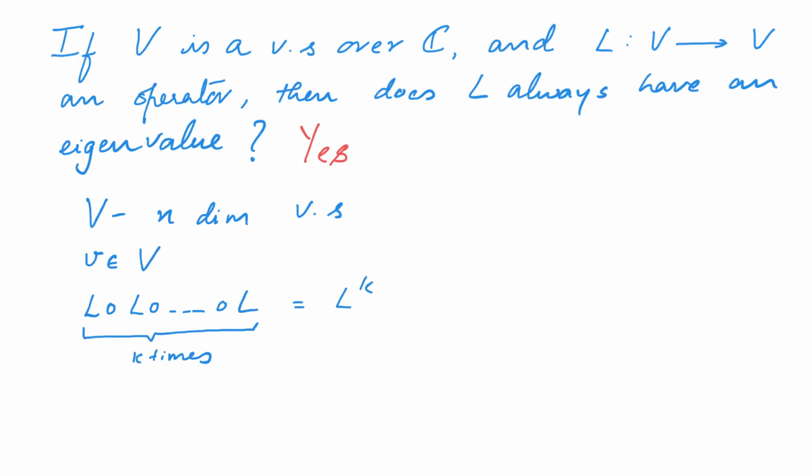Then we can consider the list of vectors v, L of v, etc., up to L power n of v. Notice that this is a list of n plus 1 vectors in an n-dimensional vector space. Therefore, it has to be linearly dependent.